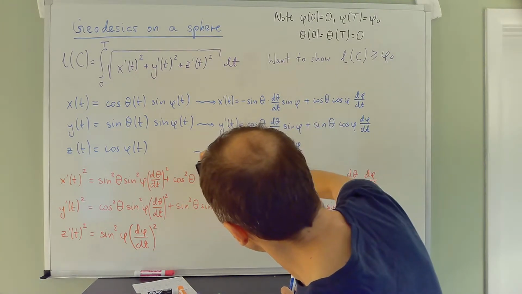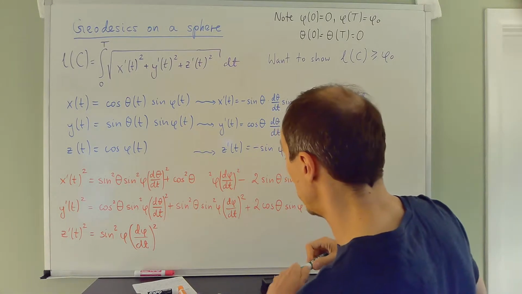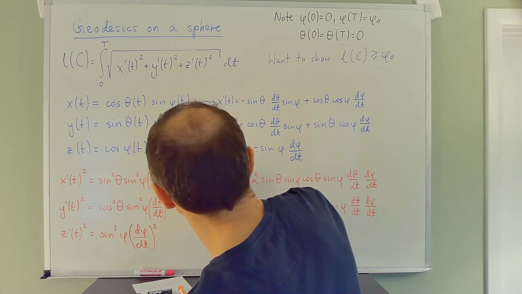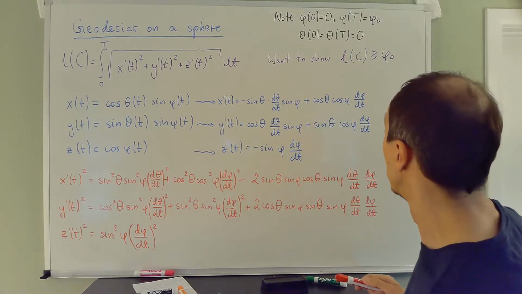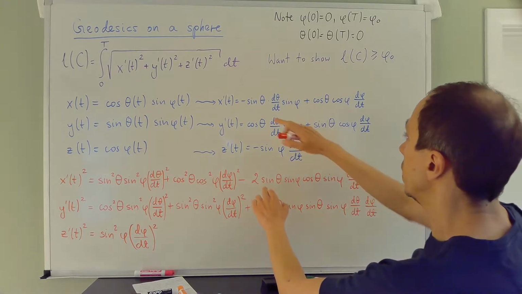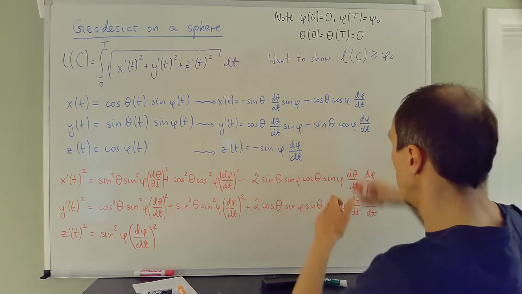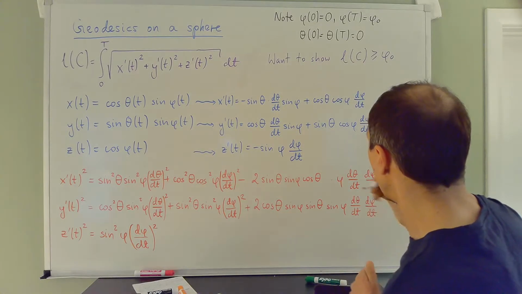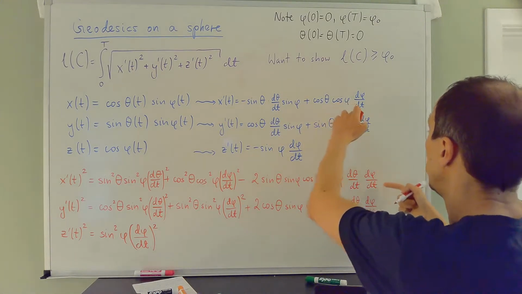So that's cosine squared theta, cosine squared phi, d phi over dt squared, minus 2 sine theta sine phi cosine theta cosine phi d theta over dt times d phi over dt.